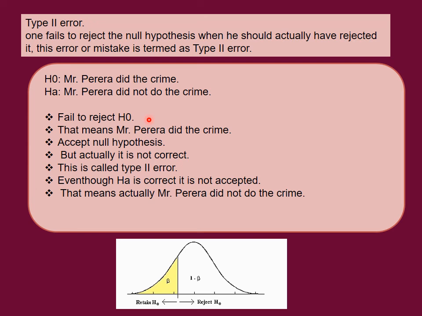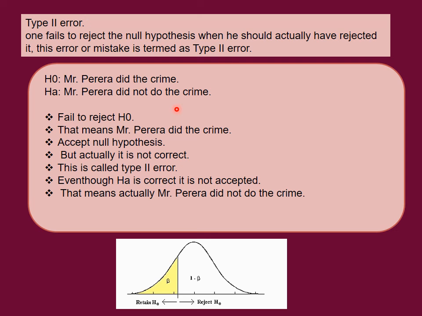That means we accept the null hypothesis. Then what will happen? We accept the null hypothesis, but it is not correct. Then Mr. Pereira did the crime.